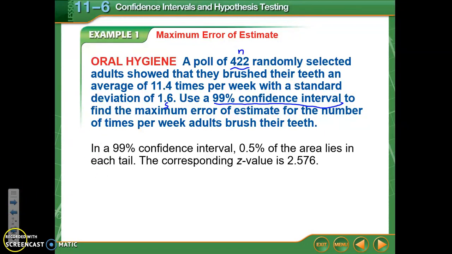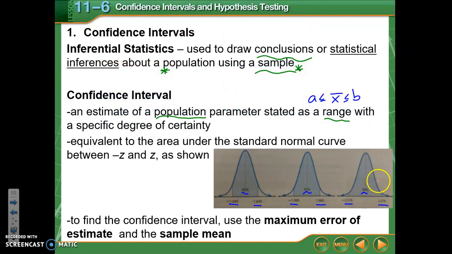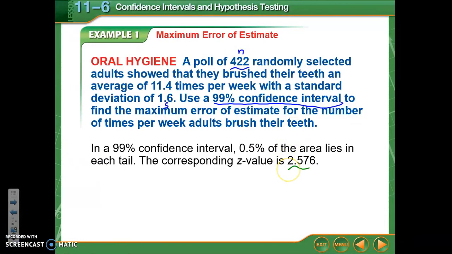So if we look back at the picture, this is my 99% confidence interval. Notice my z-values here and here. Those are the z-values we're basing this on. And that's why they put that z-value here, because we're using a 99% confidence interval.